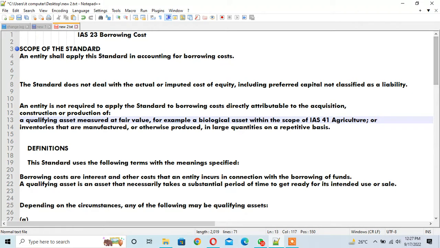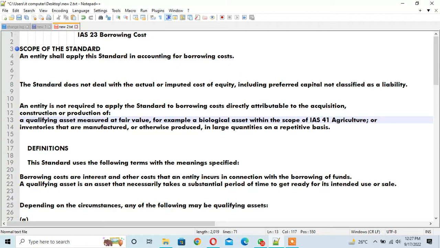Okay, an entity shall apply this standard in accounting for borrowing cost. I have gathered all this information in a very simple format. The standard does not deal with the actual or imputed cost of equity, including preferred capital not classified as liability.